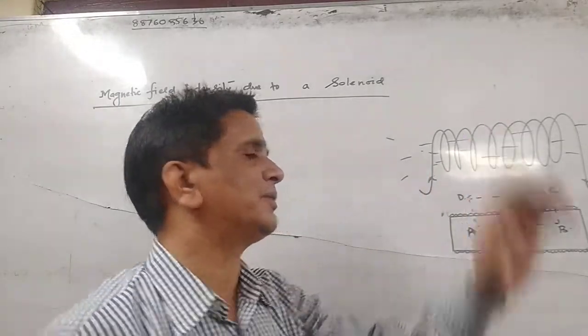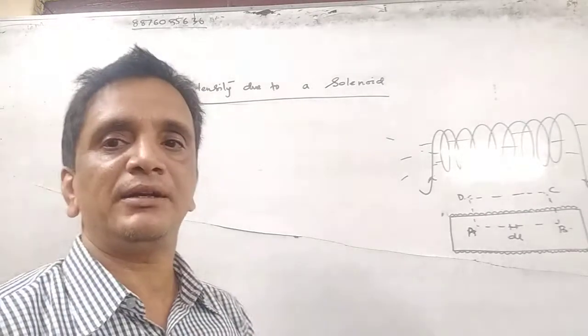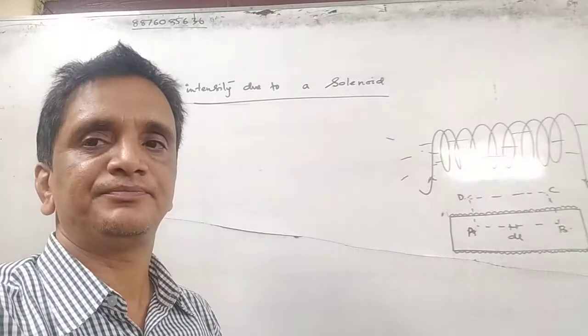So to find out the magnetic field intensity due to a solenoid, let us take a conductor having n number of turns per unit length. Look what we have done. We have taken n number of turns per unit length.